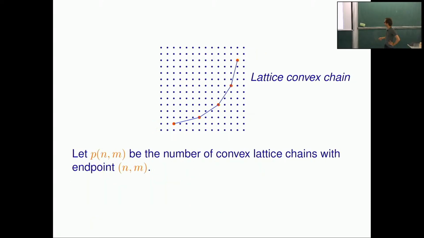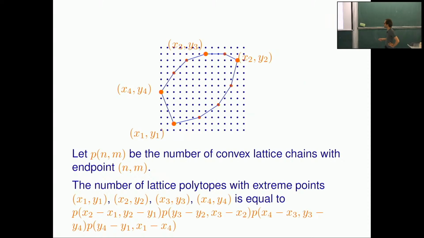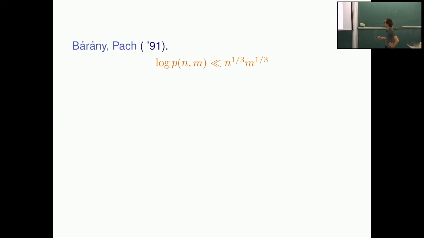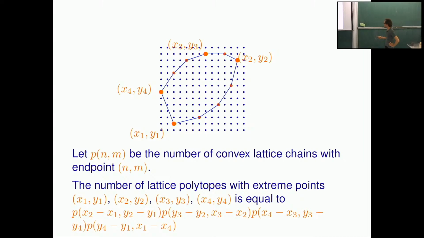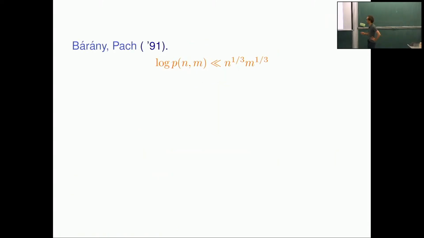And so let P(m,n) be the number of lattice convex chains with endpoint (m,n). I'll come back to how exactly we apply this to bound the number of equivalence classes of lattice polygons. It's pretty simple.